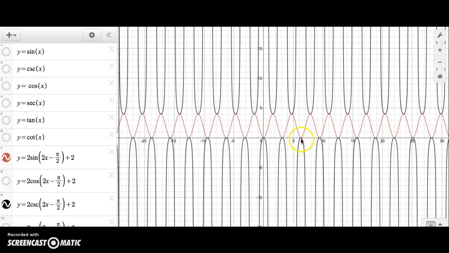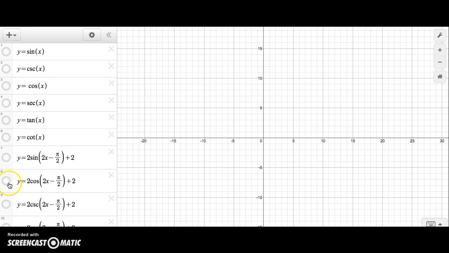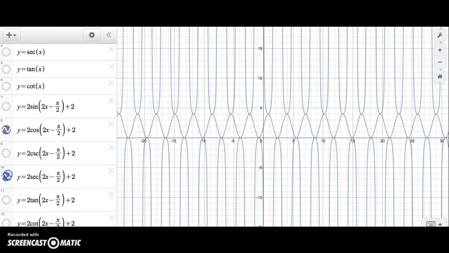You're pretty much putting parabolas at the tops and bottoms of your graph, which is what happens for cosine and secant.